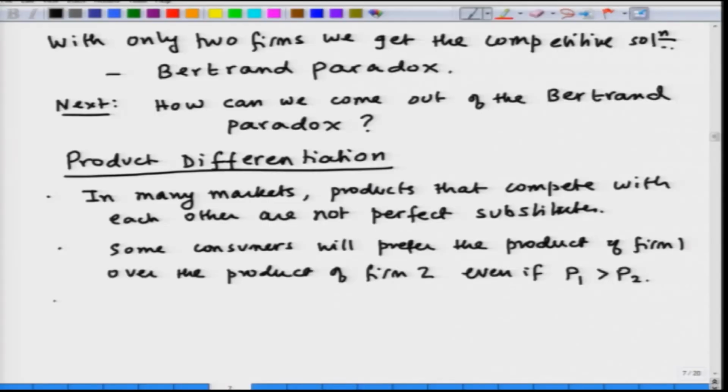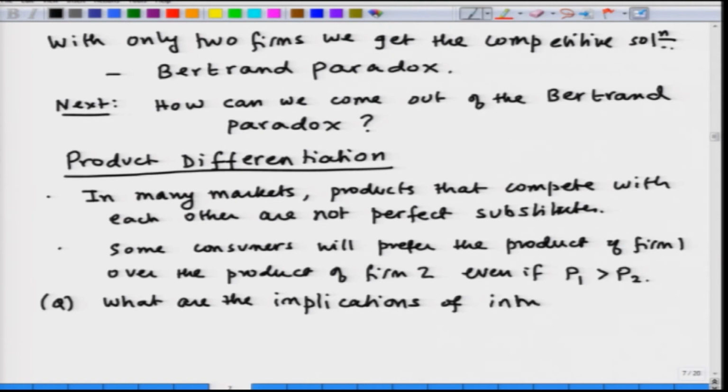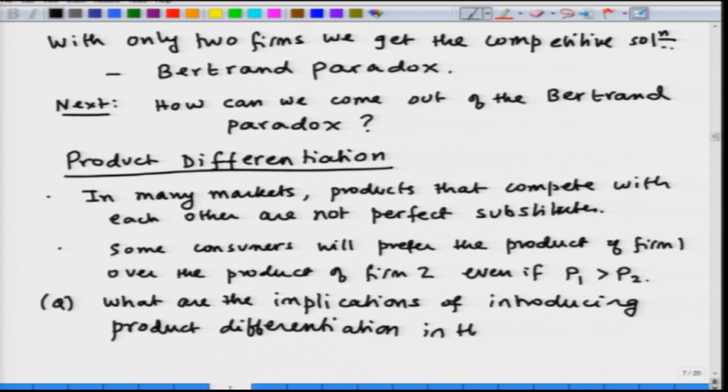So, the question that we want to ask is, what are the implications of introducing product differentiation in the Bertrand model.